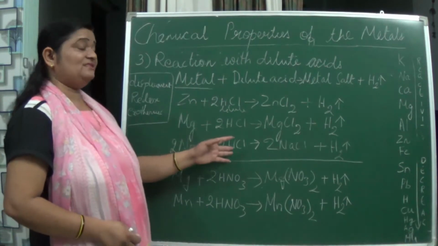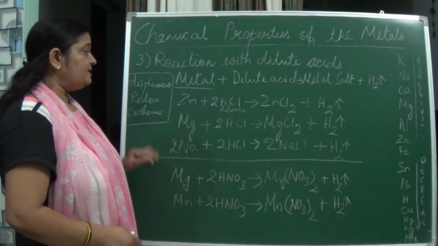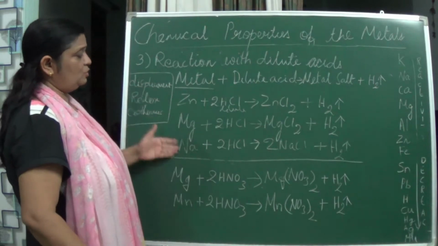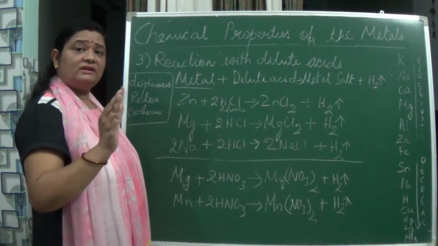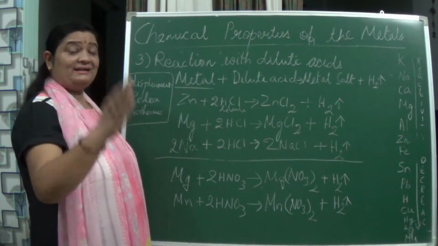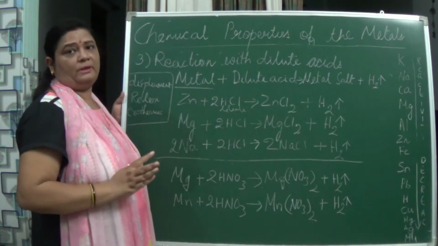It reacts with dilute HCl to form NaCl plus hydrogen. In all these reactions of zinc, magnesium, sodium with the dilute acid, the more reactive the metal, the more vigorous the reaction will be and the more exothermic it will be.